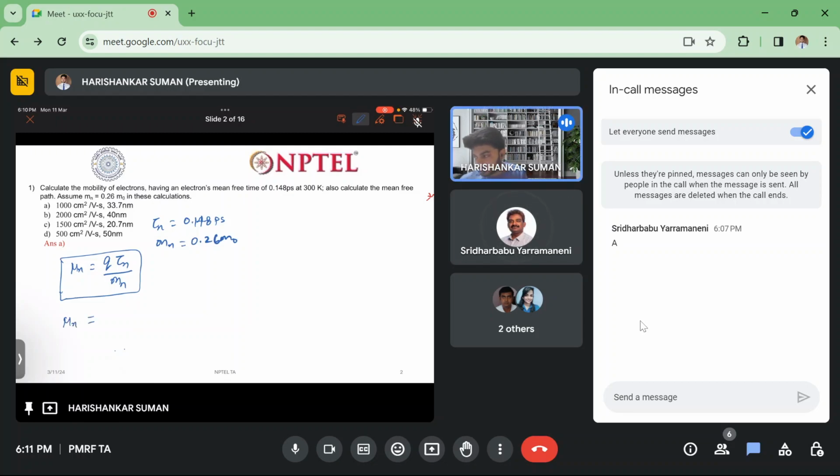Electronic mobility we can calculate. m naught is here 9.1 times 10 to the power minus 31 kg.